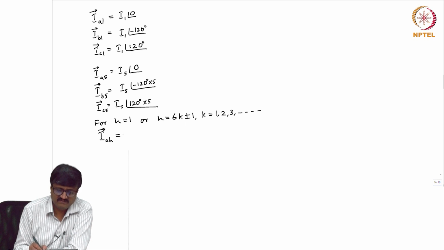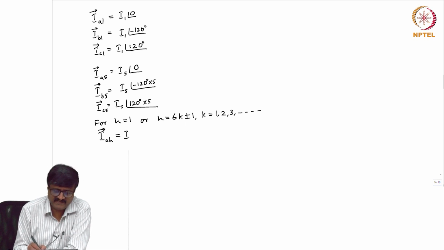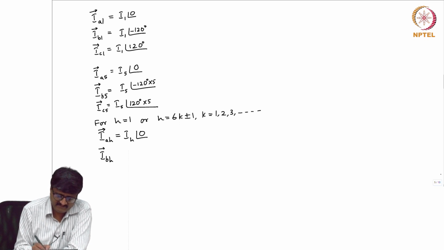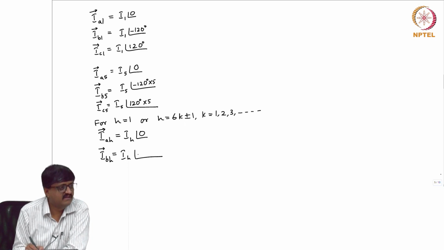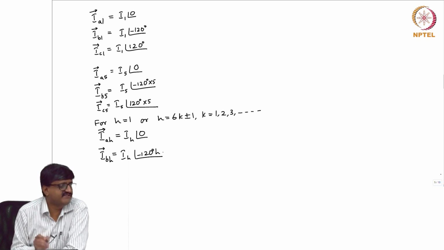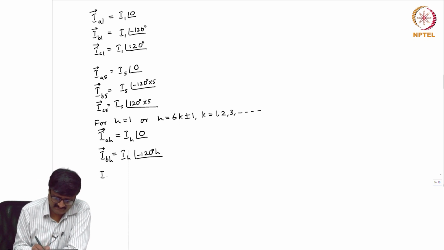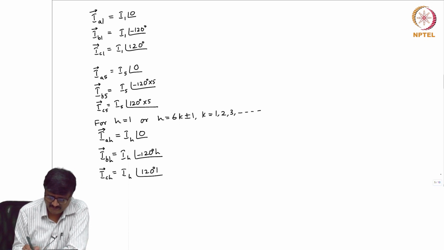So, can I say that IAH is IH at an angle 0, IBH is IH at an angle minus 120 degrees into h. This is applicable even for h equal to 1. And ICH is equal to IH at an angle 120 degrees into h.